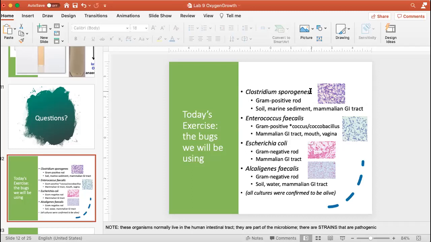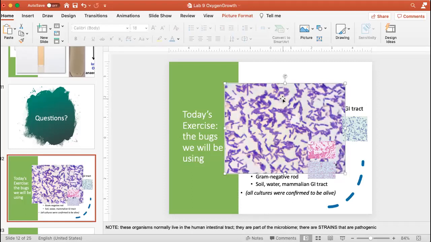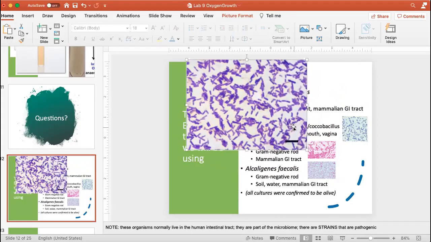Clostridium sporogenes is a gram-positive rod. This is what it happens to look like under the microscope. So gram-positive because it's purple, right? And if you look around for individual cells, you can see that they're rod-shaped. Here's a rod right here. Here's another one right here.